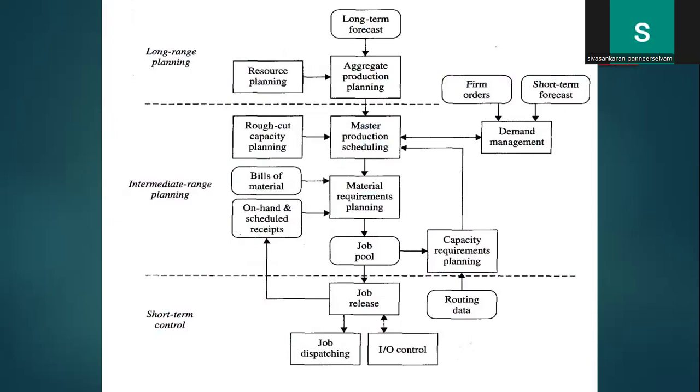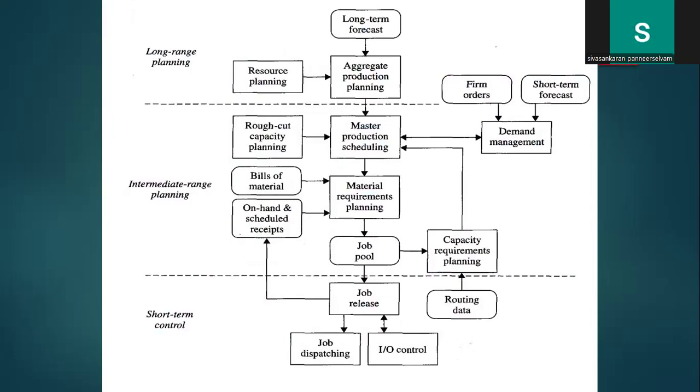The lower range planning is called short-term control. Here there are three modules: job release, job dispatch, and input and output control. According to the plan of MRP, we need to propose the job release order to the shop floor. After performing all the basic duties, that is production activities, we need to pack the finished end items and send them to the warehouse.